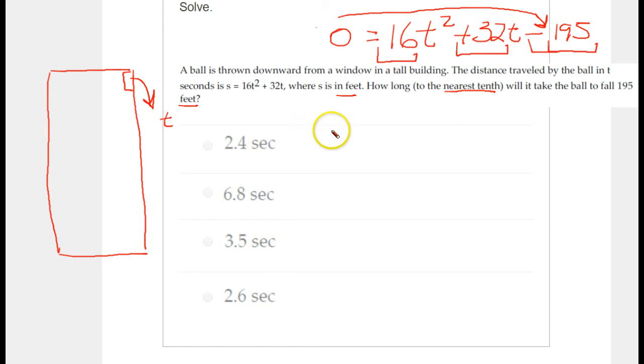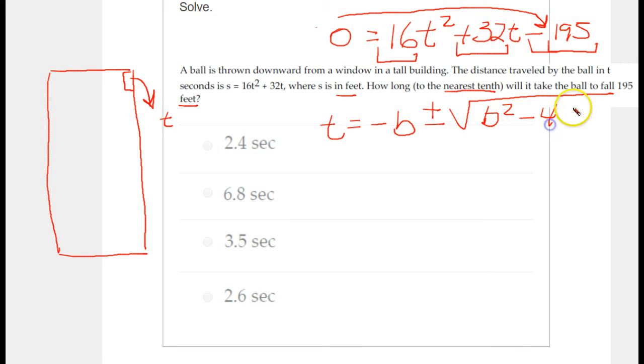So we put it in the quadratic formula. T equals negative b plus or minus the square root of b squared minus 4ac all over 2a. So now we have to take our a value, our b value, and our c value and put it into the quadratic formula.